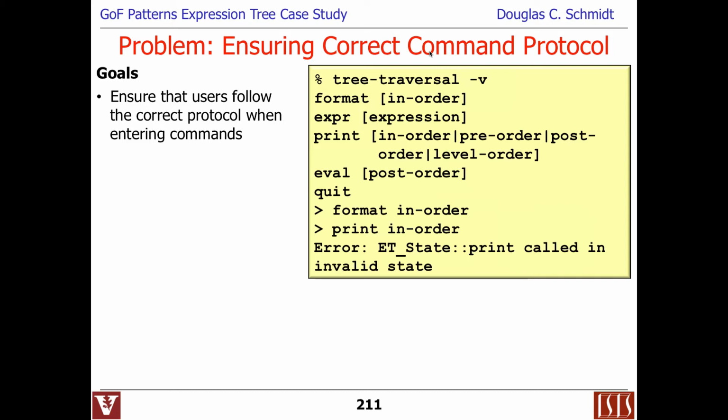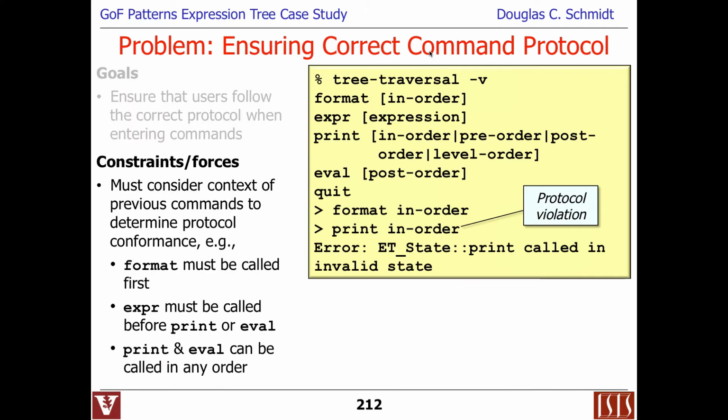I mean, that's kind of obvious, right? You can't try to print something you never gave. So if you type the print command before you type the expr command, the program will come back and say, hey, you're doing things in the wrong order. You're in the wrong state. That's what's called a protocol violation. You did things in the wrong order.